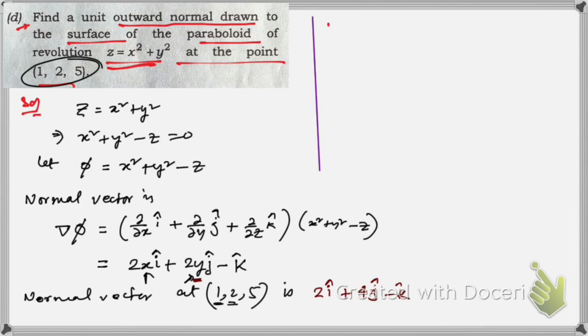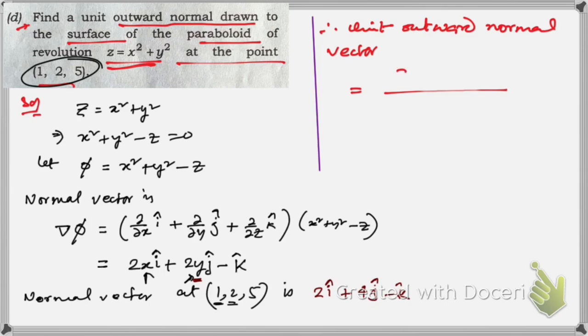Therefore, the unit outward normal vector is equal to 2i cap plus 4j cap minus k cap divided by its magnitude, which will be given by the root of 2 square plus 4 square plus minus 1 whole square. That's what we're going to get, right?